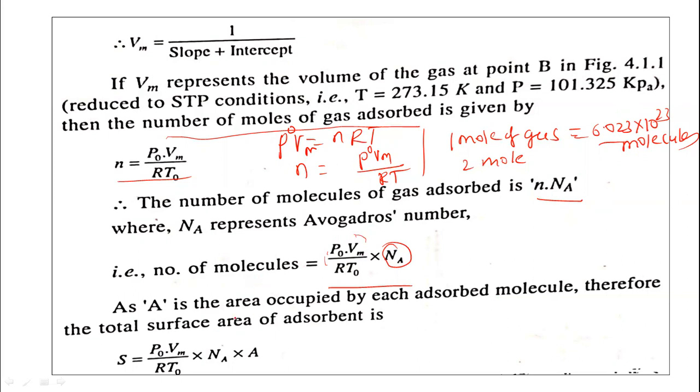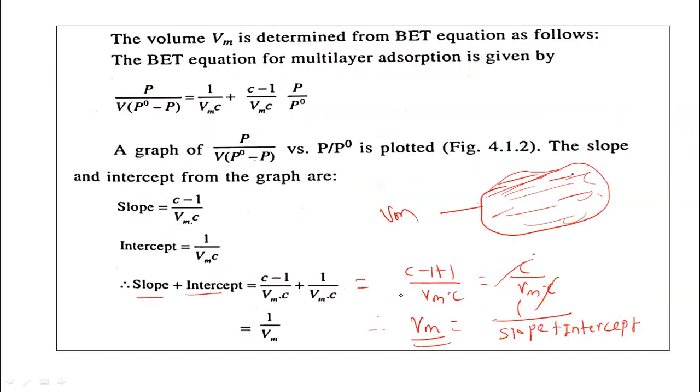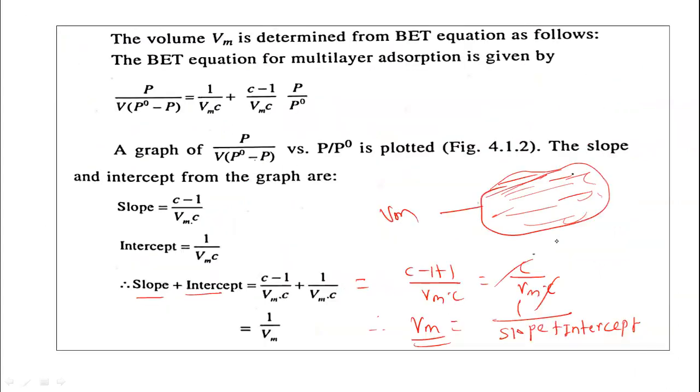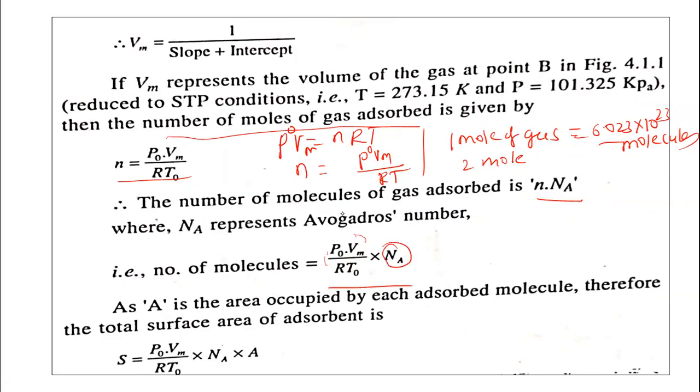Now next, A is the area occupied by each molecule. In the previous discussion, you can see here, this is the A. A is the area occupied by each adsorbed molecule.